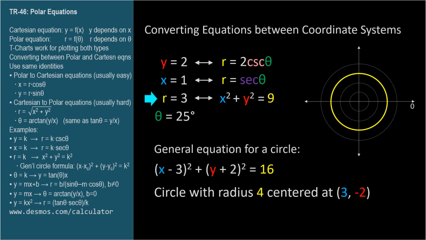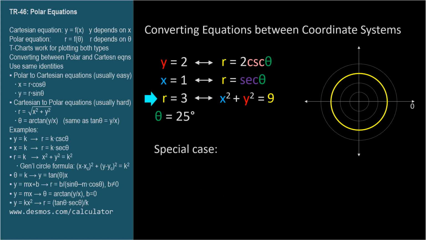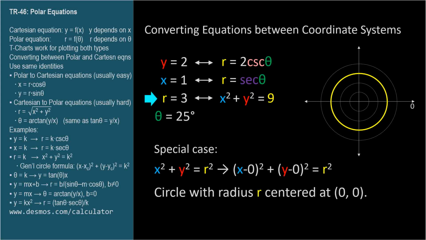Note that the sign flips for the center's coordinates: -3 and +2, but the center at +3, -2. So the equation x squared plus y squared equals r squared is the special case where both offsets are 0, so the circle has a radius r and is centered at 0, 0, the origin.